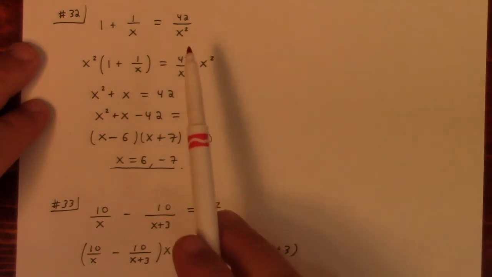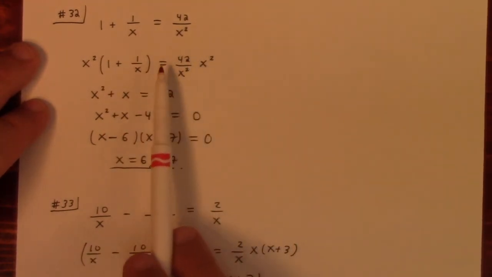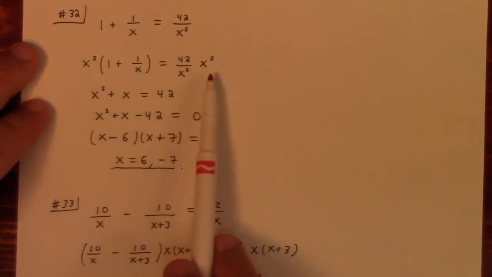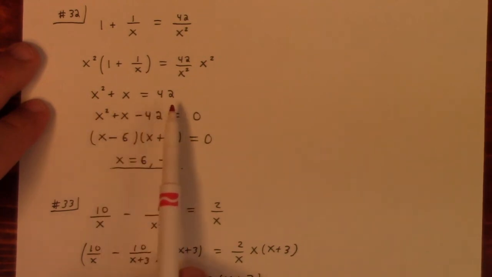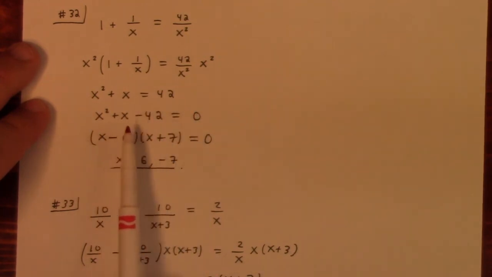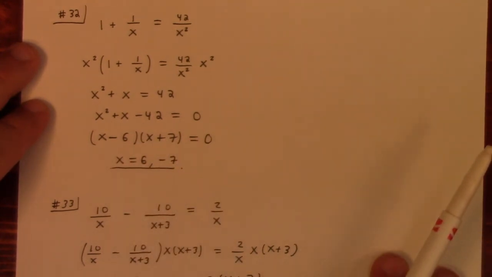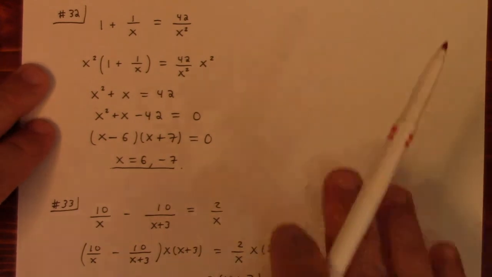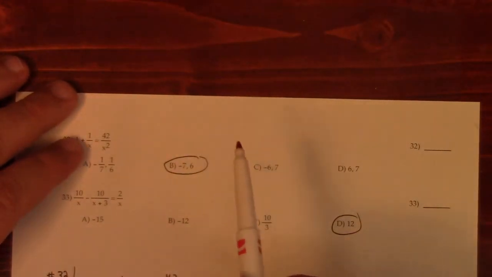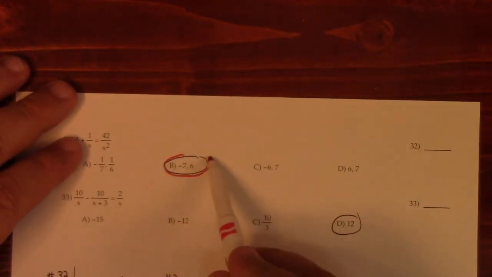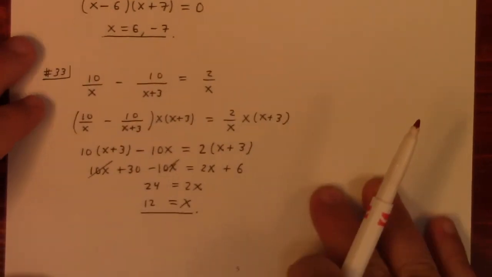First of all, I multiply both sides by x squared to get rid of my denominators. That leaves me with x squared plus x equals 42, which is a quadratic equation, which I can factor, and that gives me solutions of 6 and minus 7. So the answer was B.